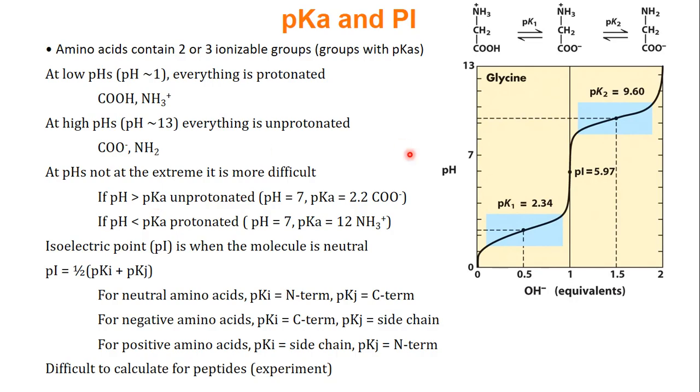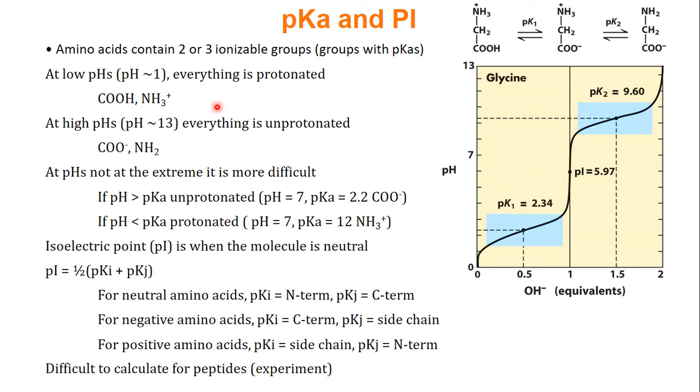Now, as we saw in the side chains of amino acids, we have some amino acids that are negatively and positively charged and some that are polar but non-charged. And so every amino acid contains ionizable groups, either 2 or 3. Now, let's look at what this means for our amino acids. So let's imagine that our pH is 1.